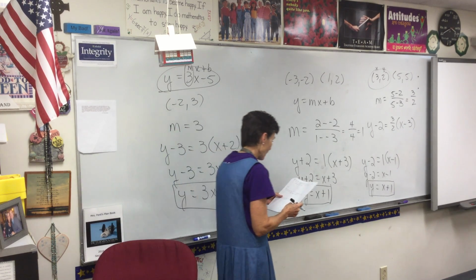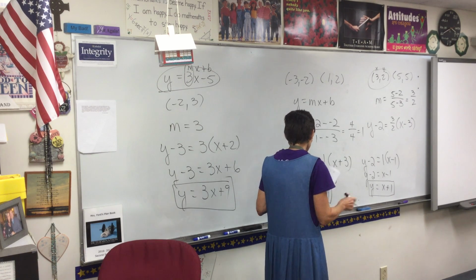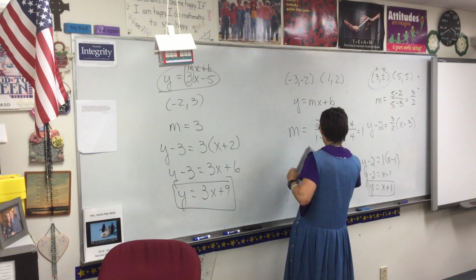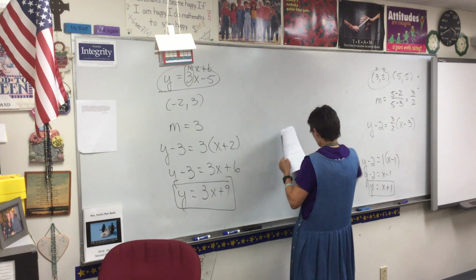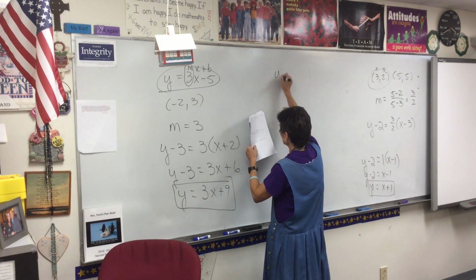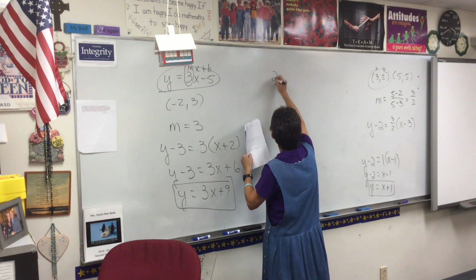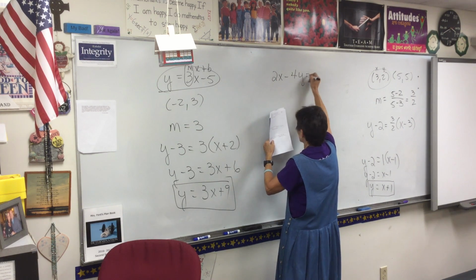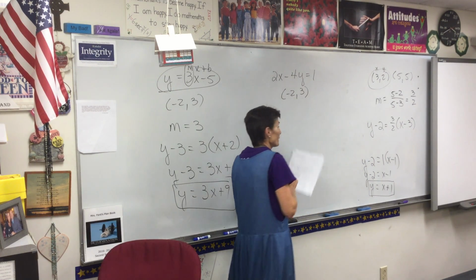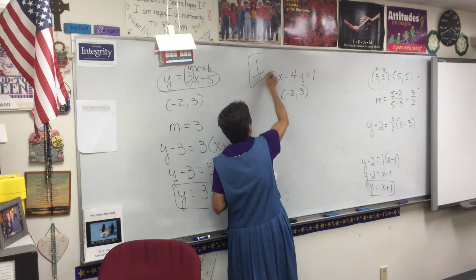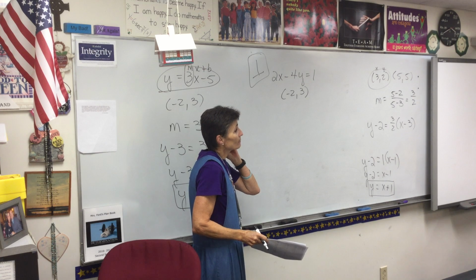All right, now let's look at B. B is really the same question, but instead of being parallel, the lines need to be perpendicular. So I got a different equation, and I got the point, and I want to come up with a perpendicular line.